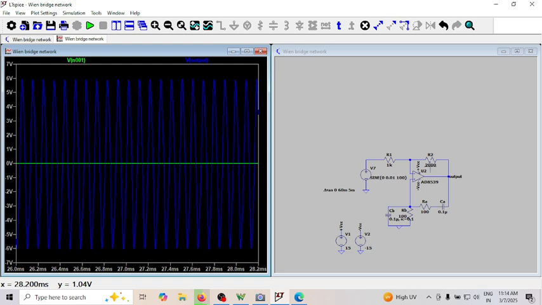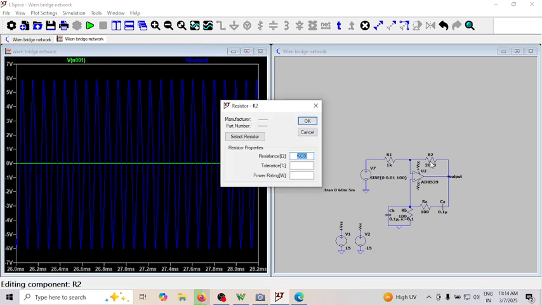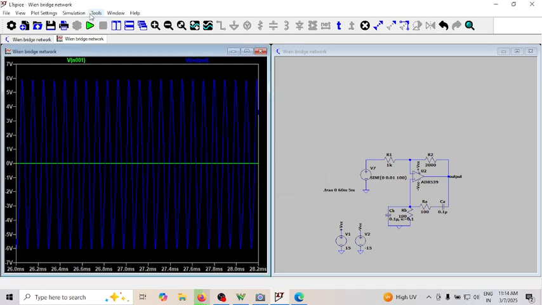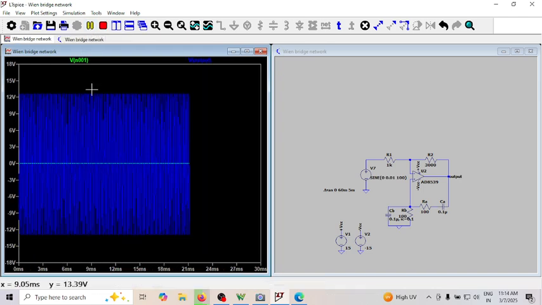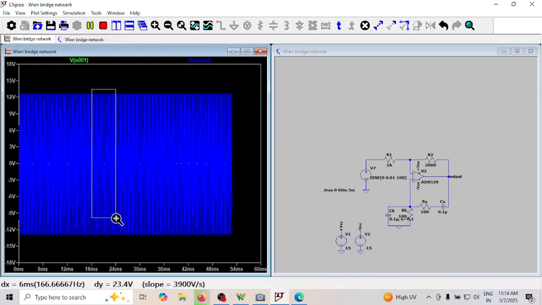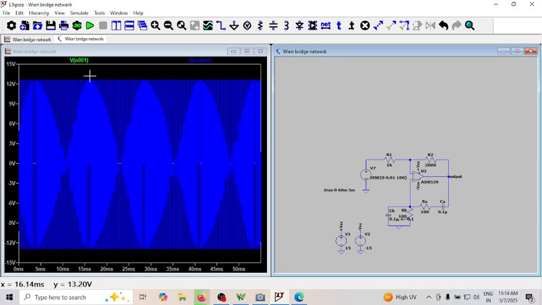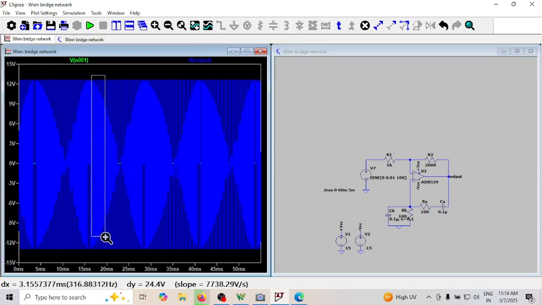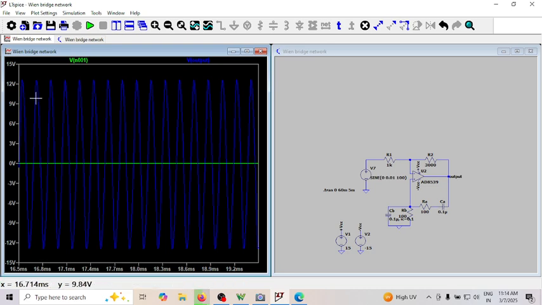Suppose I make it much larger, say 3000. Just imagine what happens. Can you see it is clipping off? The waveform is going up to saturation because I have a plus 15 volt supply.